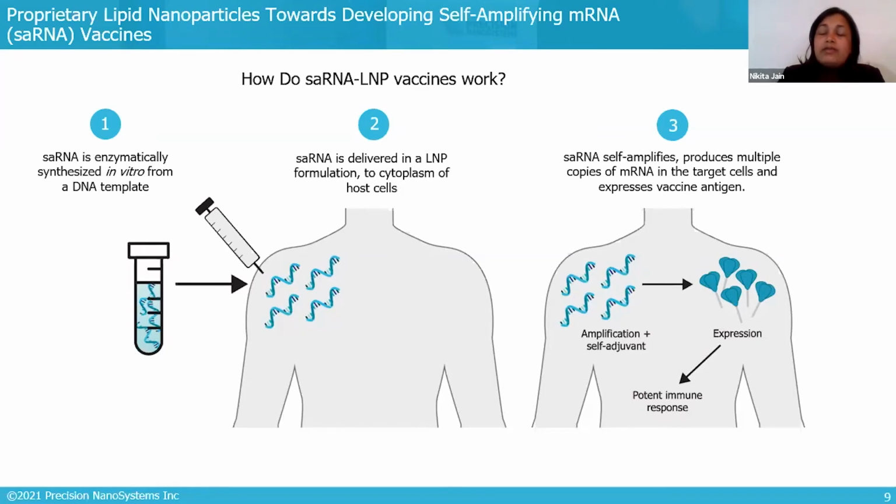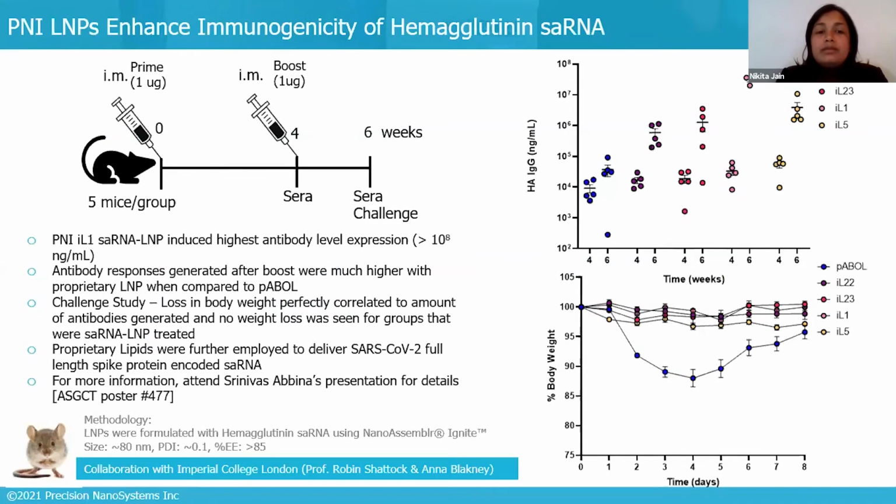Our very first set of data was generated in collaboration with Imperial College London, in Professor Robin Shattuck and Anna Blackney's group. From Precision NanoSystems, we shipped a few lipid mixes to them, and they formulated lipid nanoparticles where they encapsulated hemagglutinin saRNA.